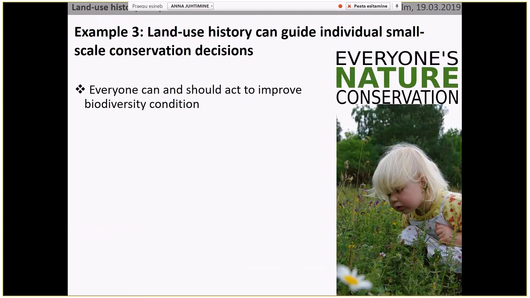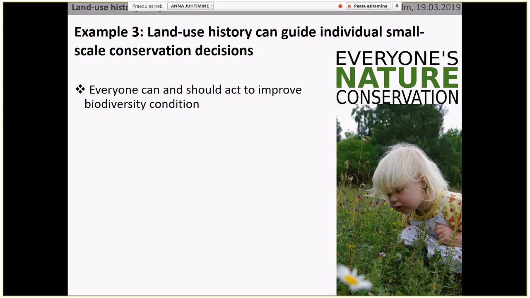Example 3 comes from the local decisions that we can make in our conservation. We call it here in Estonia igaühe looduskaitse, everyone's nature conservation, which is voluntary, individual, small-scale conservation actions that people can take.